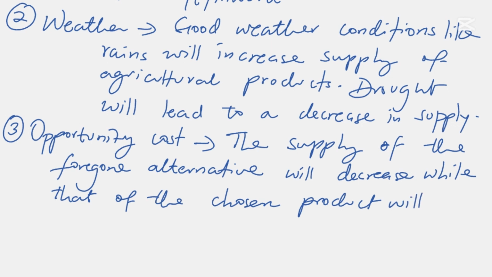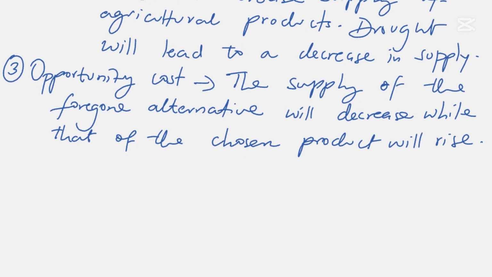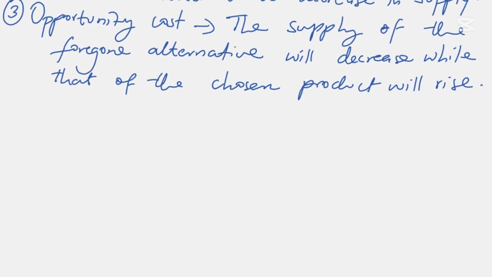So that is very clear. You want to produce maize, you want to produce beans, you choose one, you leave the other. Whichever you choose, its supply will increase.